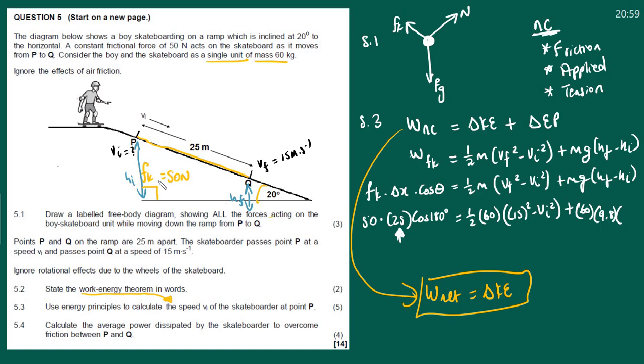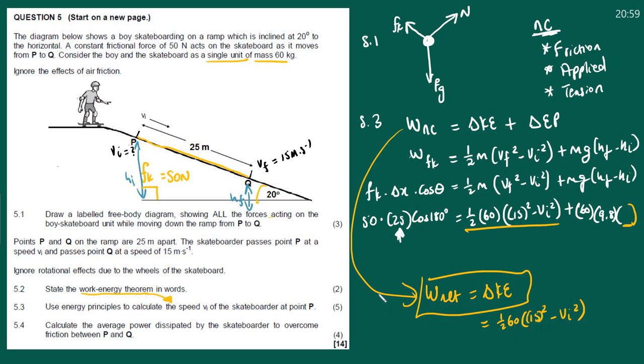But like I'm telling you, there is some maths you can just perform to get this part, because this is the only hurdle that we had. If you can get this part, you can get VI. So you would only leave this part for WNet. This part won't change: 60, 15 squared minus VI squared.